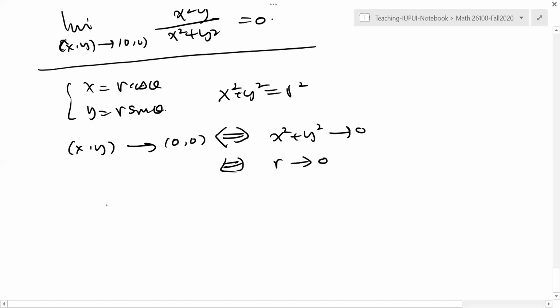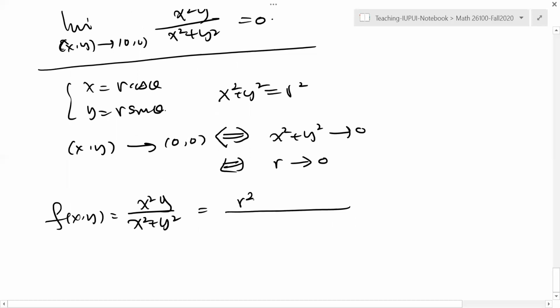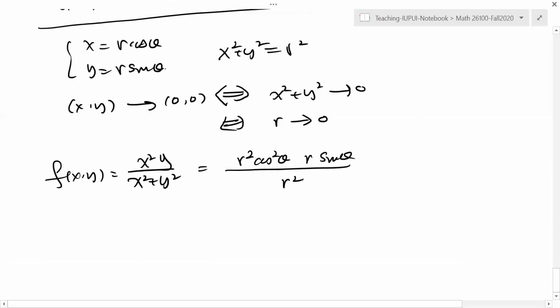So let's take a look at this function, x squared y over x squared plus y squared. Now, if you use this substitution, the numerator is r squared cosine squared theta times r sine theta, and the denominator is just r squared. It's probably much easier. The numerator is r cubed, the denominator r squared, so it's r cosine squared theta sine theta.